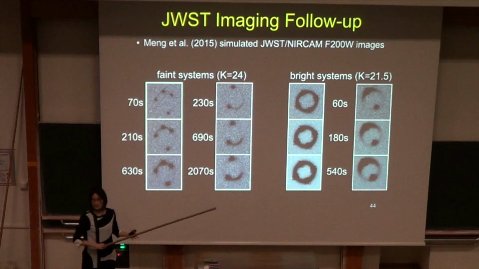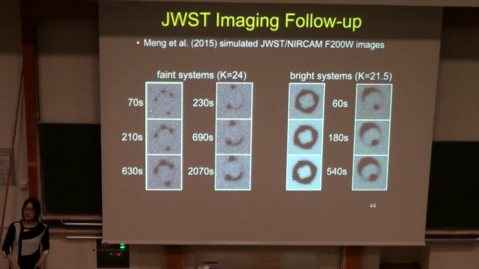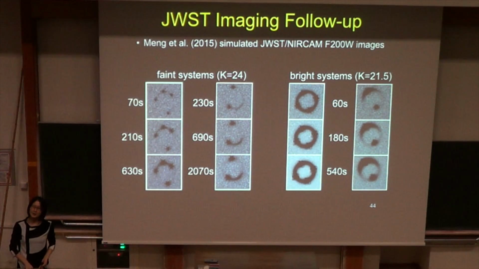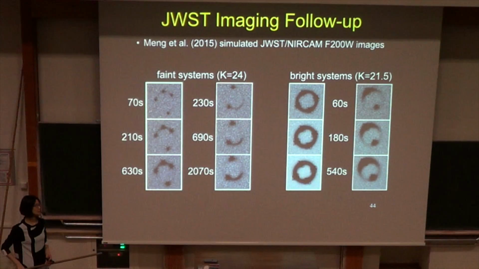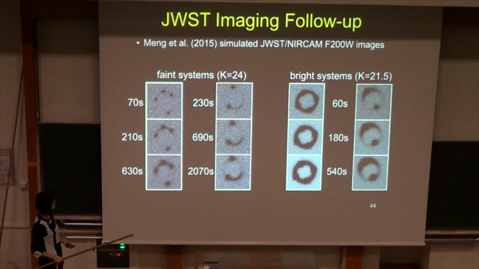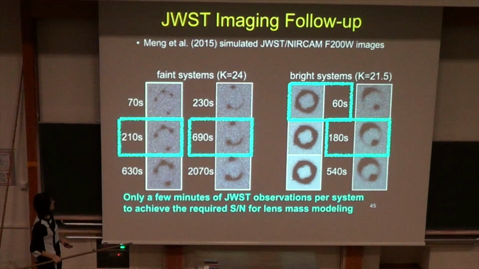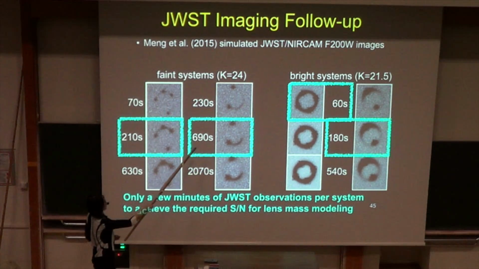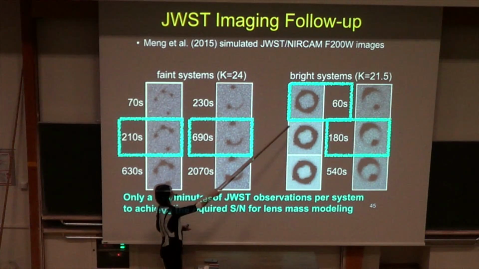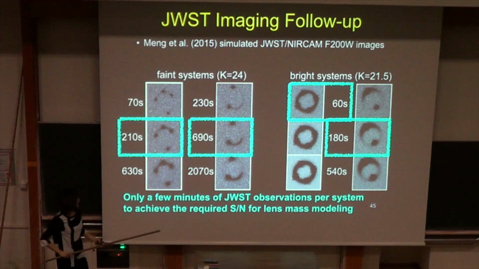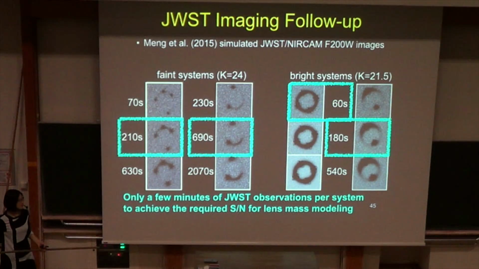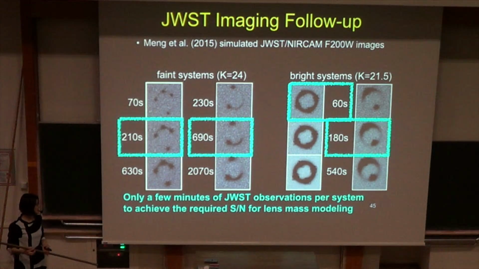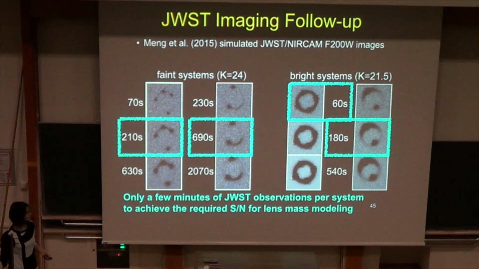They modeled these systems to see what the necessary exposure time is to get the signal to noise required for modeling these systems for cosmography. They find that these are the typical exposure times, basically a few minutes each. So you only need a few minutes of JWST observations per system to achieve the required signal to noise for lens mass modeling.